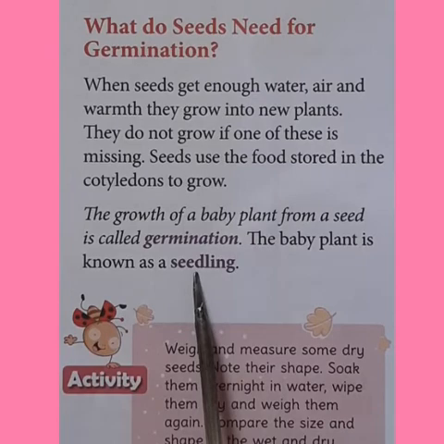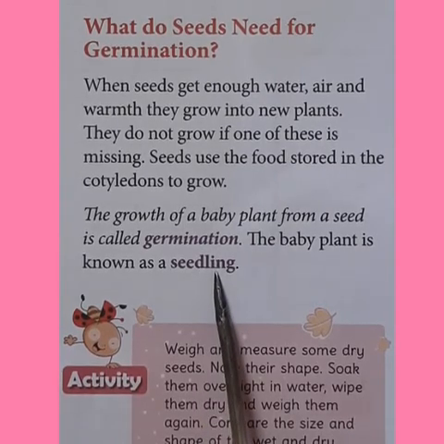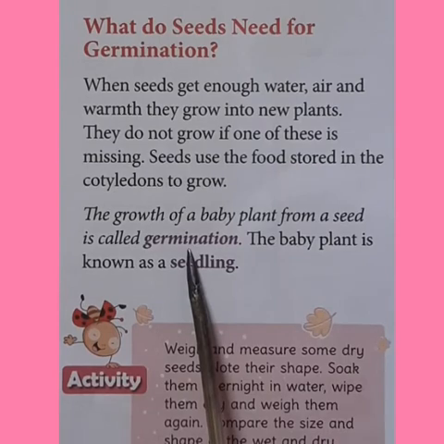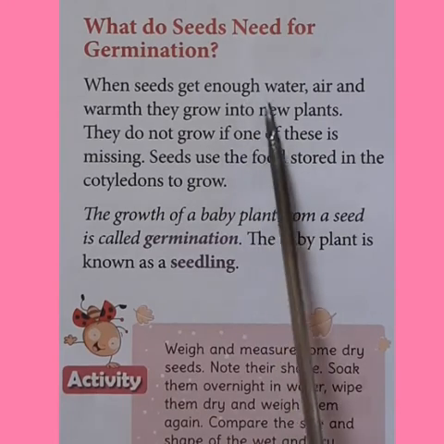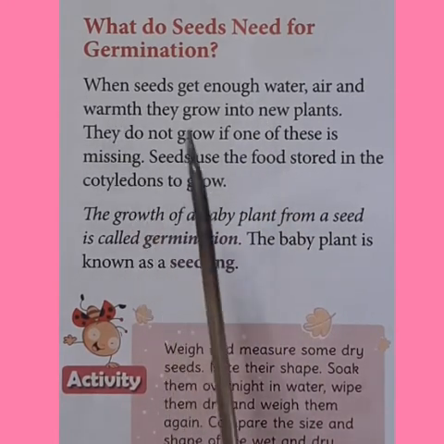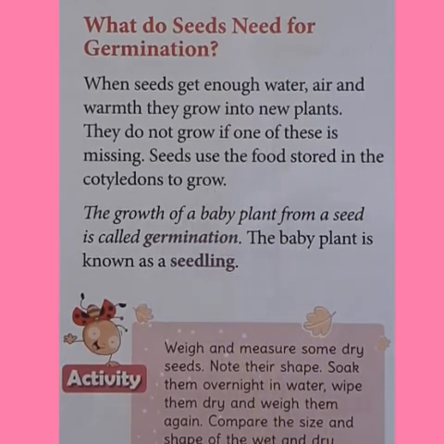The baby plant is said to be the seedling. And the process of growth of a baby plant from the seed is called germination. And what is necessary for germination? Enough water, air and warmth. Then only the seed will grow into a new plant.